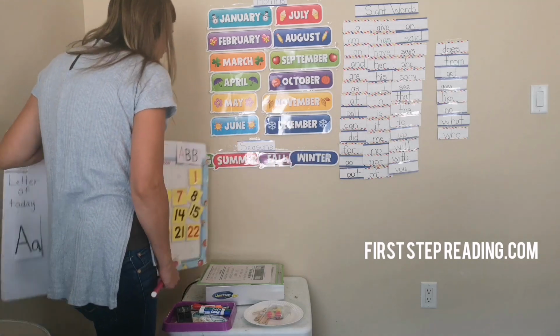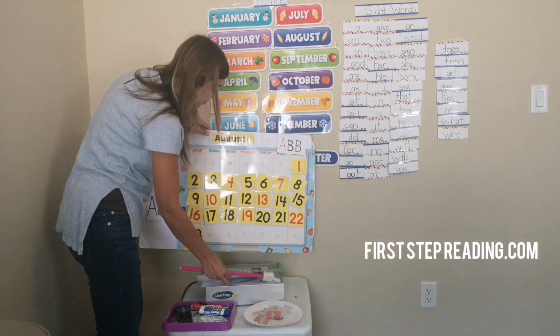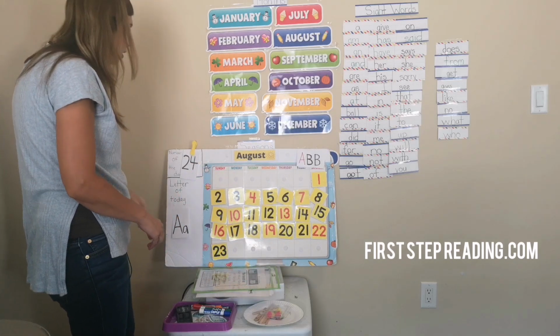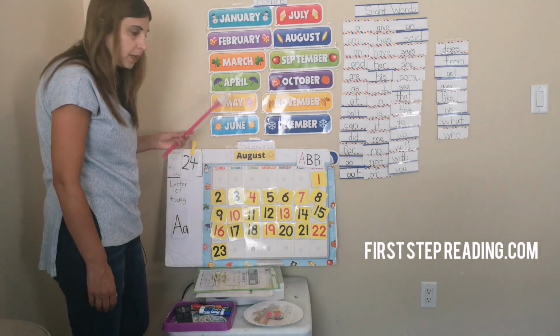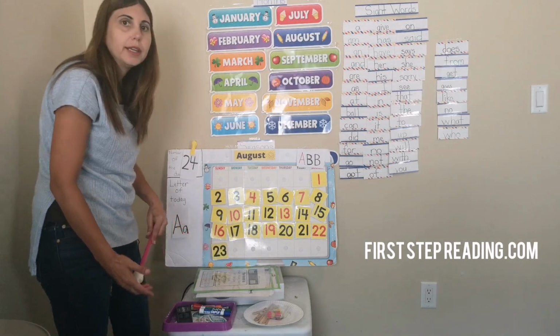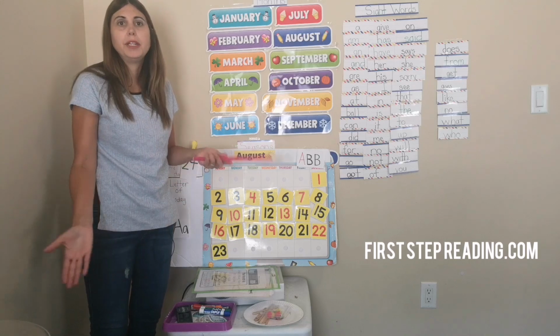So we're talking about August today. And August is in the summer. This is our calendar. We want to figure out what day comes after 23. And in order to do that, we need to count.